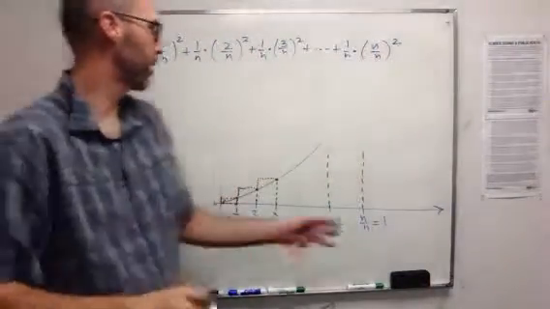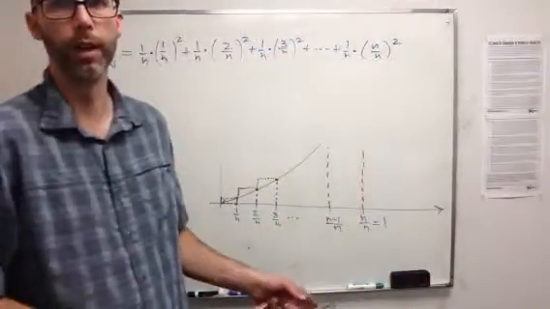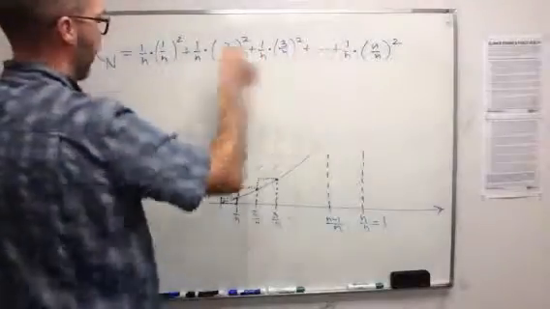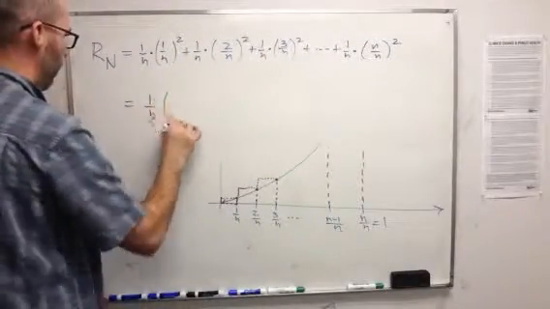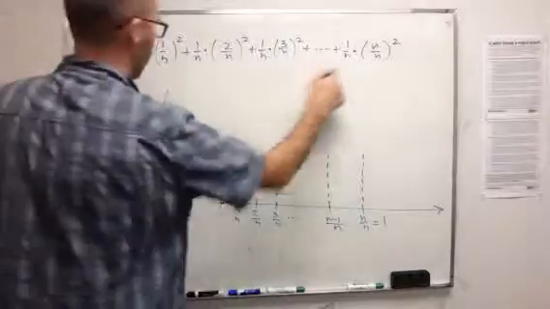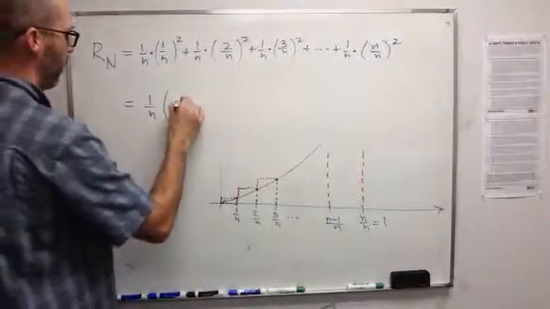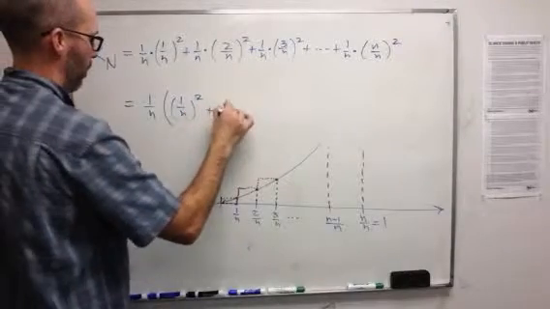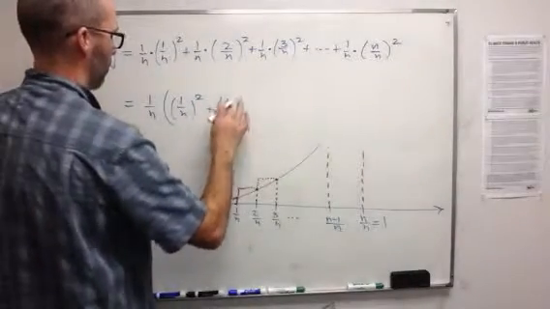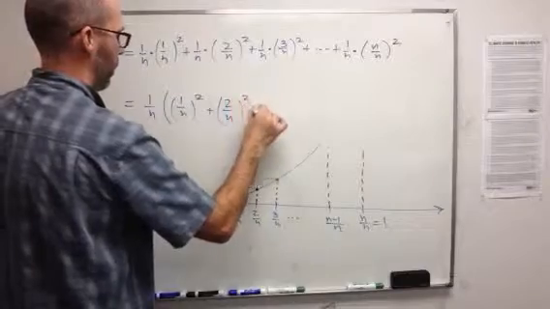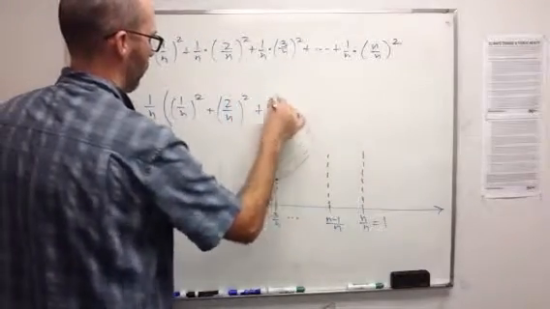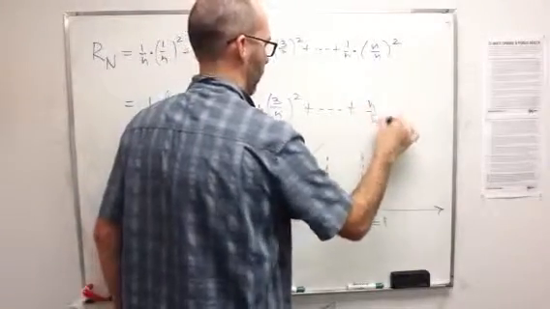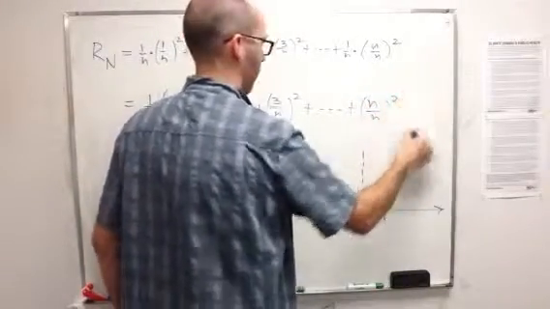Now the idea is we want to set up to use formula S2. So first, we can pull out a 1 over n. 1 over n is in each of these, so we can factor that out. Now we have 1 over n squared, 2 over n squared, 3 over n squared, up to n over n squared.